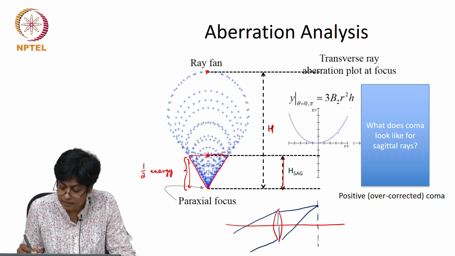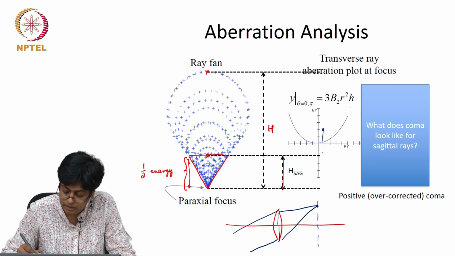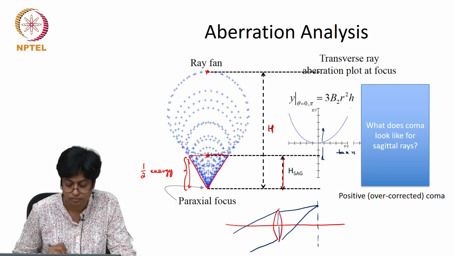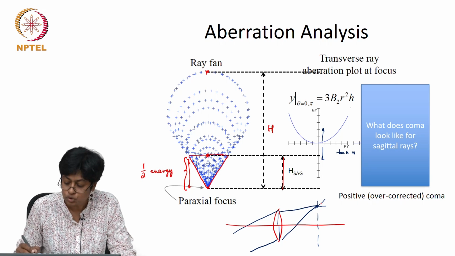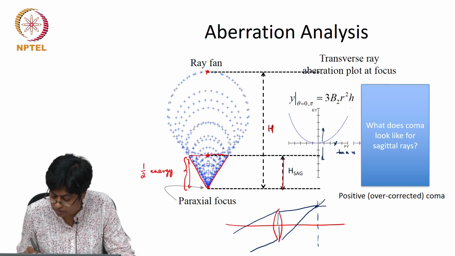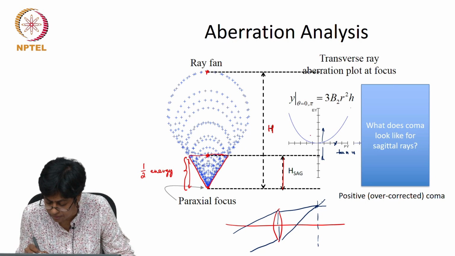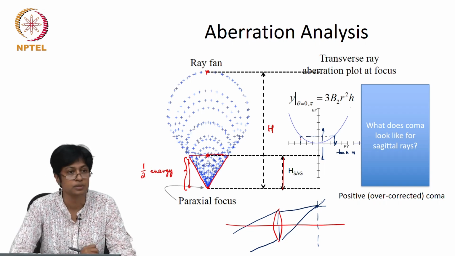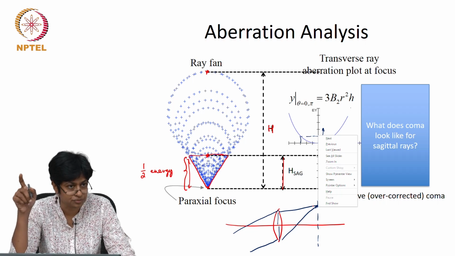So the error here is always in this direction, correct? This is tan u. The rays have slightly different angles. So for this ray it has some value, for this ray its value will be different, where they have the same height. So this will correspond to one ray and this will correspond to another ray, right? But they both lie on the top, so they are both positive.